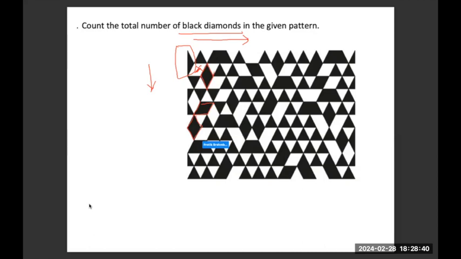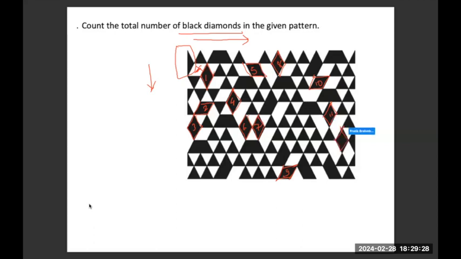Third. 1, 2, 3. 4. 5. 6. 7. 8. 9. 10. 11.